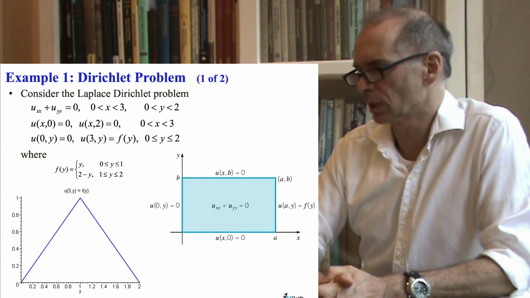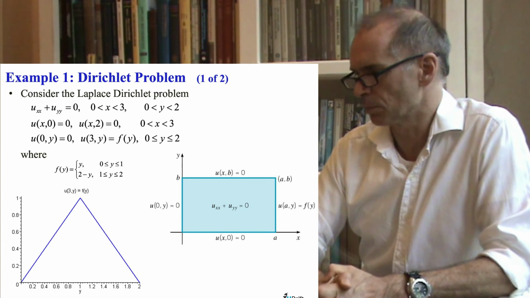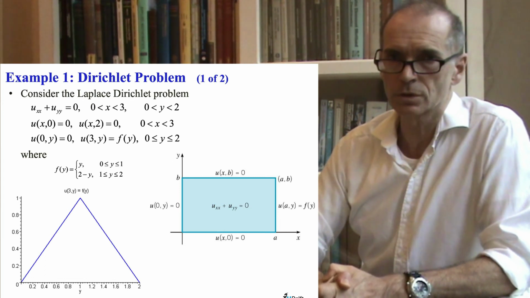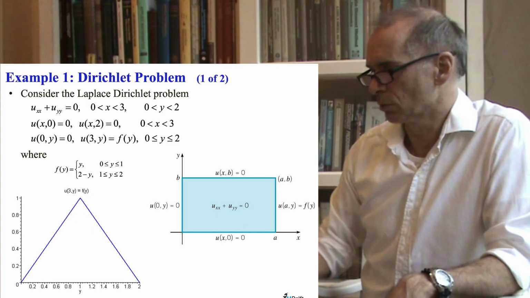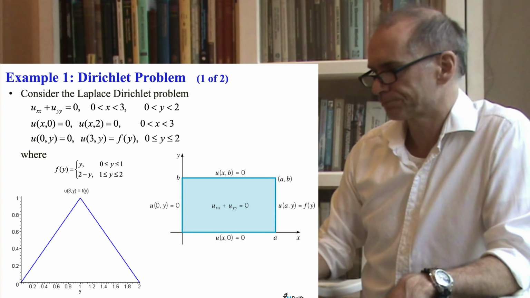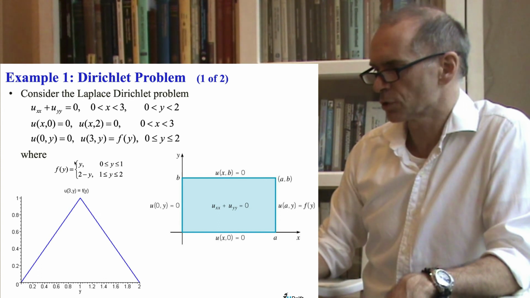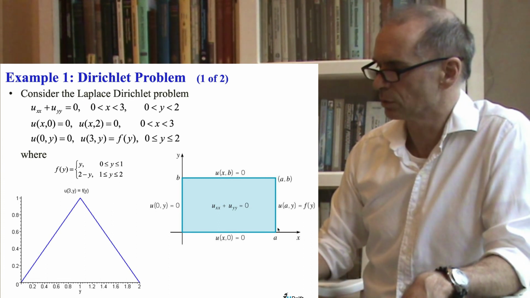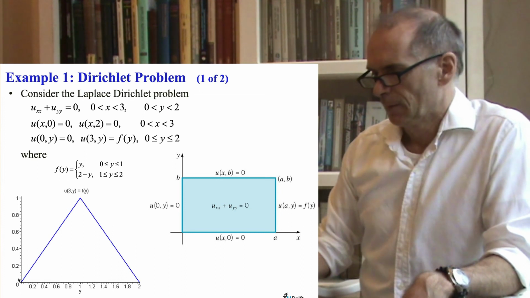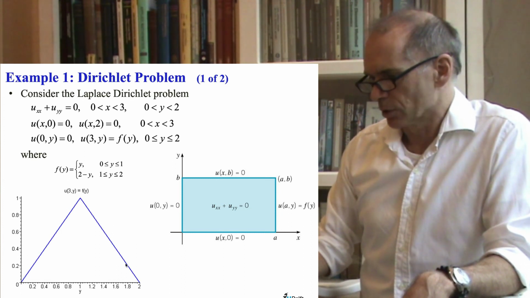I could quickly have an example, which is basically to substitute some numerical values into the solution that we just derived. Furthermore, there's a function specified here, so the function f of y, describing, let's say, the temperature along this wall, is given by this triangular shape here.